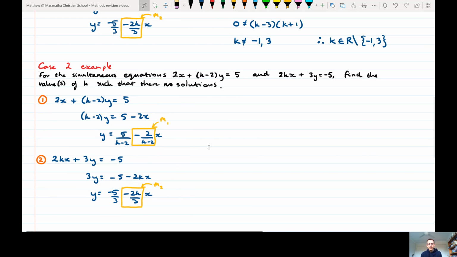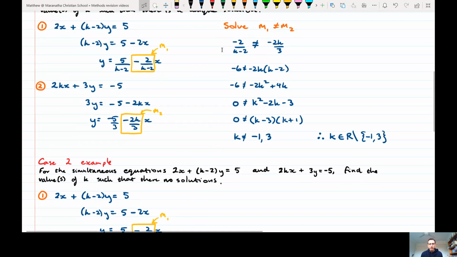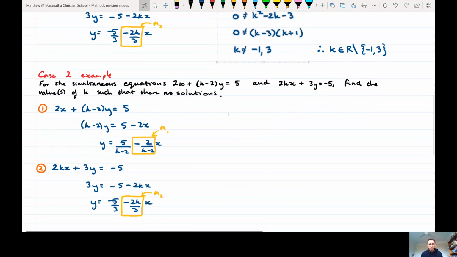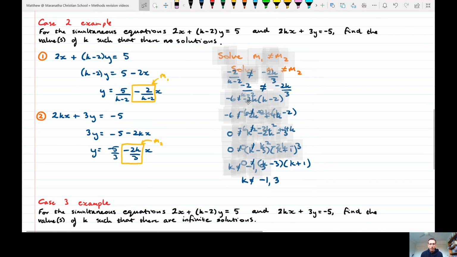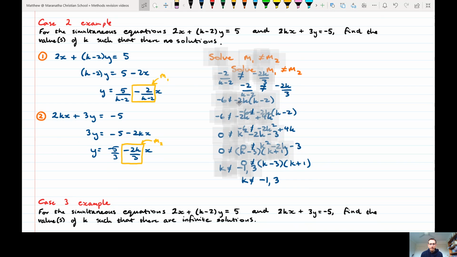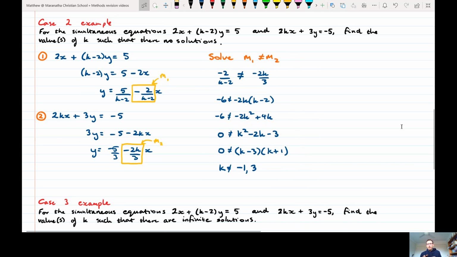the gradient of each one, but this time, instead of putting them not equal to each other, I want to find out when the gradients are equal to each other. So instead of me repeating the whole process again, I'm just going to copy it down. But the difference this time is not that I want the inequality. I actually want the equal signs all the way down this time. So I'm going to remove all those.